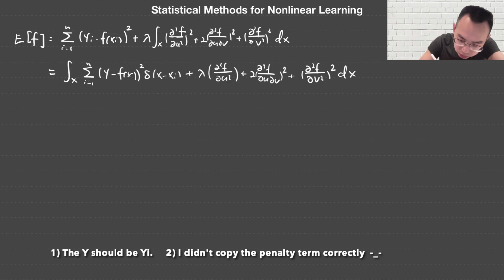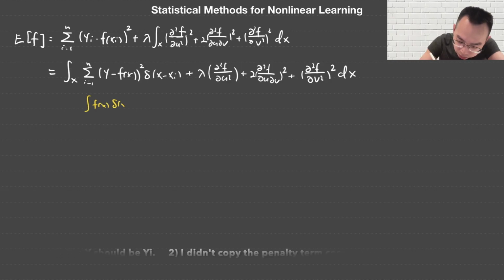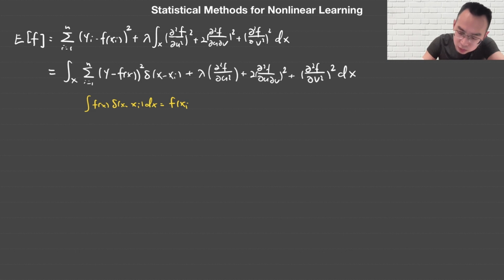The trick we are using here is that if we integrate f(x) times delta(x minus x_i), that gives us f of x_i. That's the delta function property, and we're just applying it here. So now we have one giant integral for the functional we want to optimize. Now let's write out the multivariate Euler-Lagrange equation.